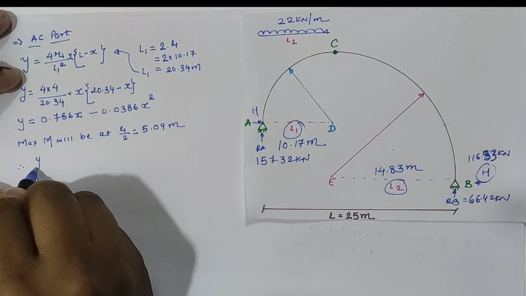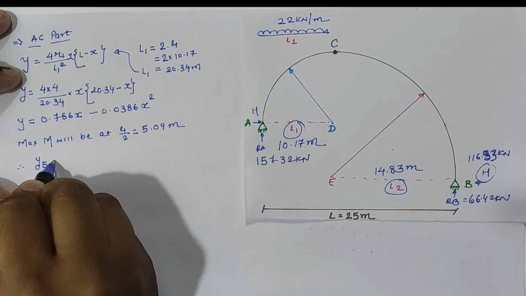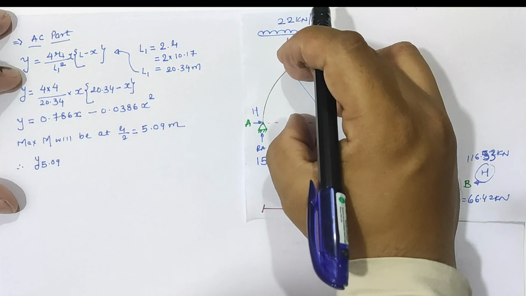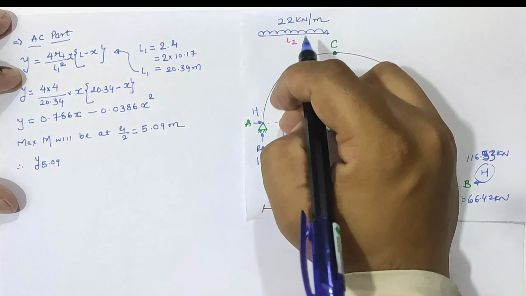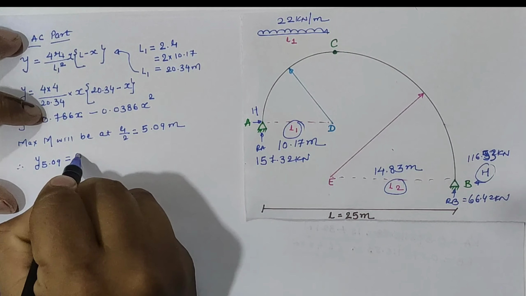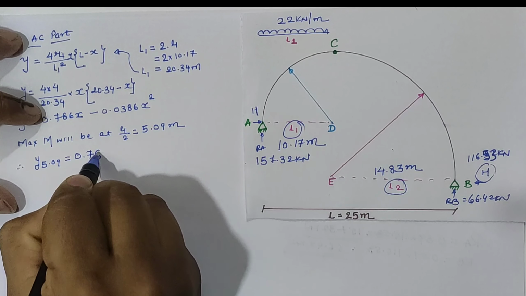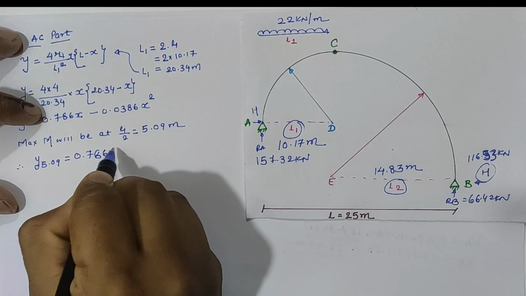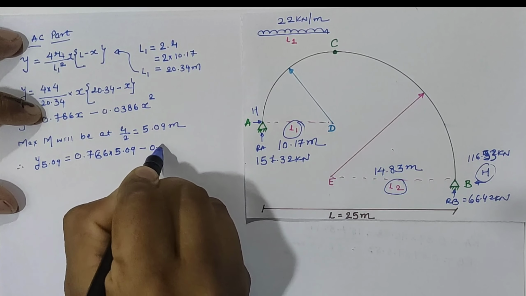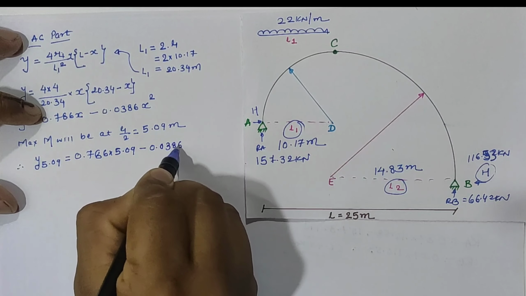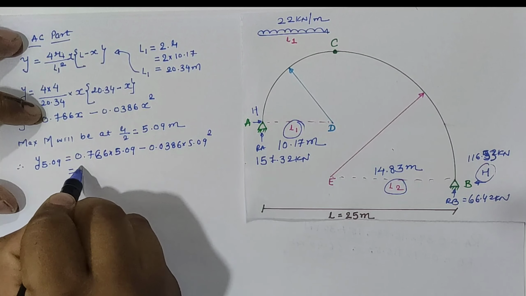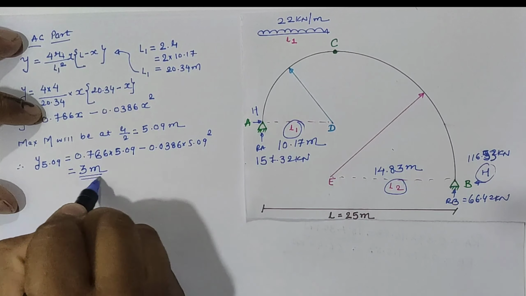Hence for height at distance 5.09, our value of vertical height is 0.786 into 5.09 minus 0.0386 into 5.09 square. Hence our vertical height is 3 meter.